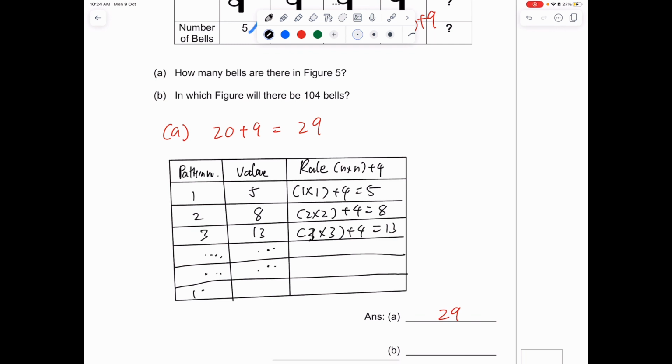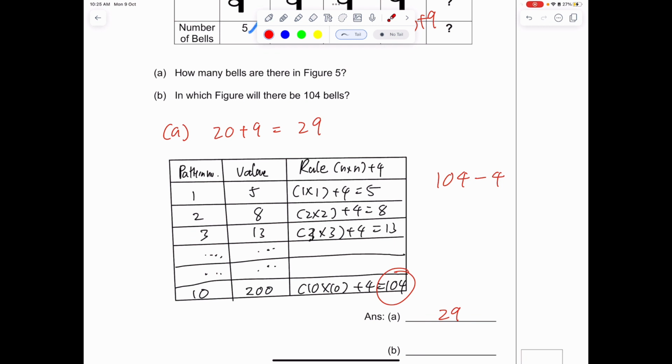Okay, at figure 10, your value is 104. 10 times 10 plus 4 equals 104. So you ask yourself, how do I get 104? Very simple. I take 104 minus away 4. Why minus away 4? Because my number pattern already tells me that the 4 is always fixed.